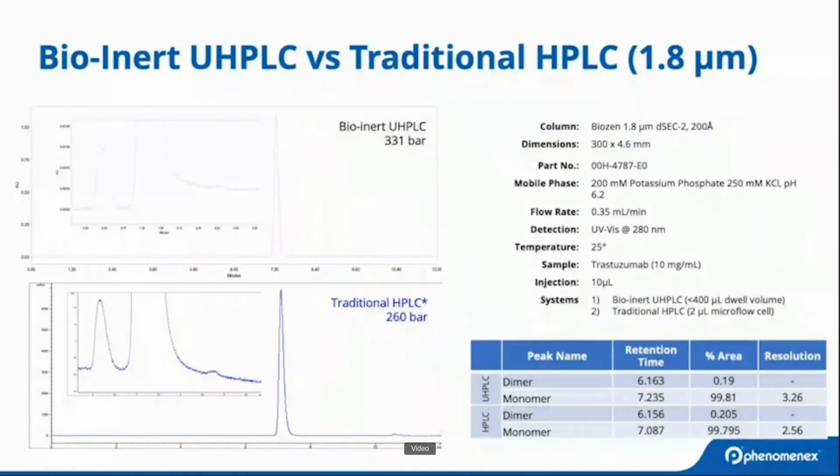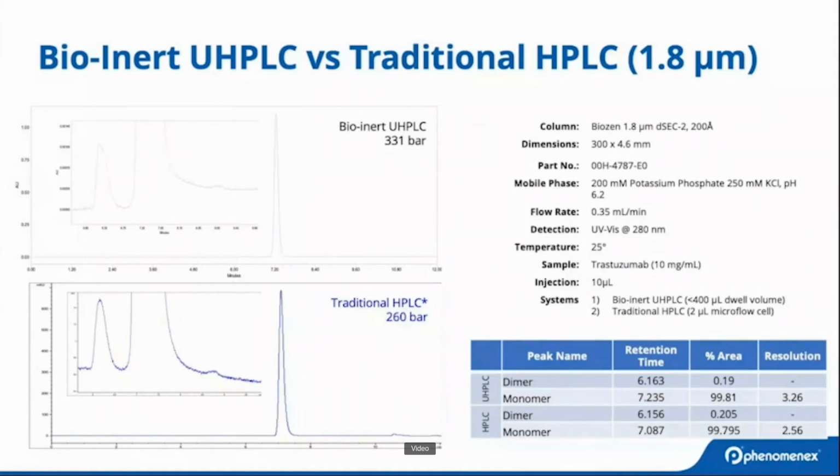What this tells us is that a UHPLC size exclusion column can be run on a traditional system, provided you make a couple of small system adjustments. Now, performance will not be quite as good as with a UHPLC because size exclusion is prone to system dwell volume, and even with those adjustments to flow cell and tubing, a standard HPLC system may simply still have too much system dwell volume.